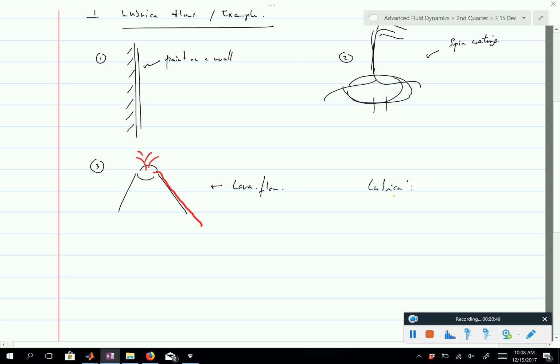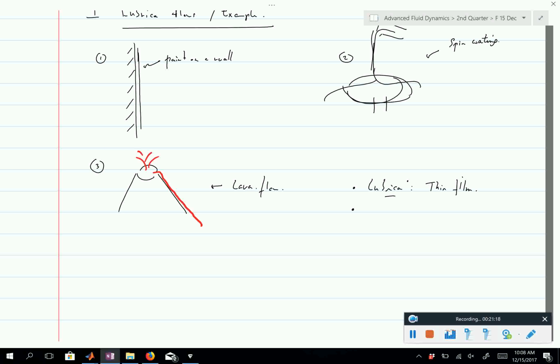So lubrication theory applies to thin films. Anytime you have a thin film, you have lubrication oftentimes, but really what will define lubrication is if, because of this thin film, the effect of inertia can be neglected as opposed to the effect of viscosity.